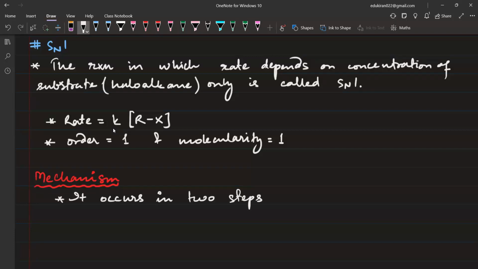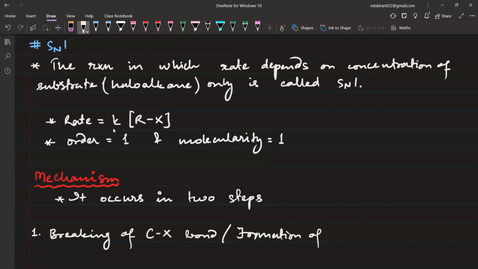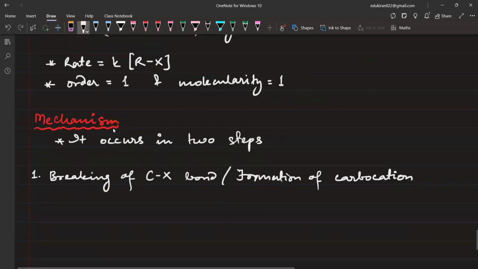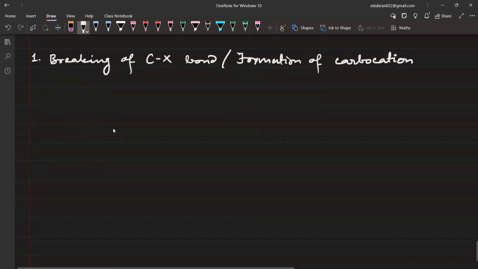The first step is breaking of CX bond or formation of कार्बोकेटाइन. फॉर्मेशन ऑफ कार्बोकेटाइन. ठीक है.